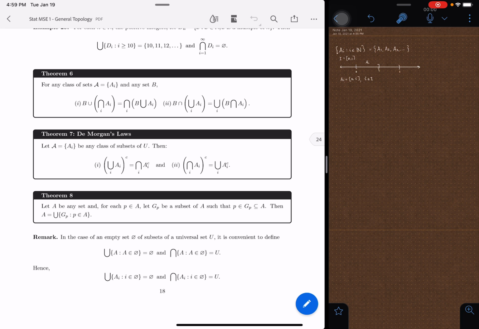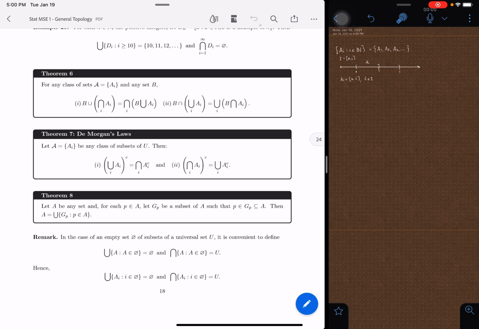And then Theorem 7 gives us De Morgan's laws in terms of indexed sets. So script A is our indexed class of sets, and the elements are denoted by A sub small i.